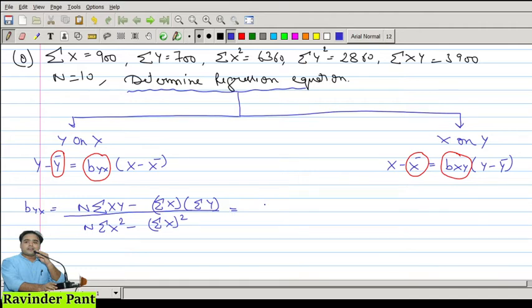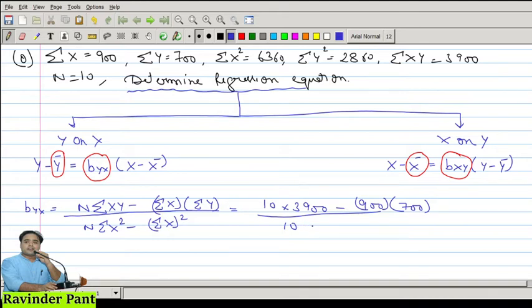So n is 10, and summation xy is given as 3900 minus summation x multiplied by summation y, that is 900 into 700, divided by 10 sigma x square.